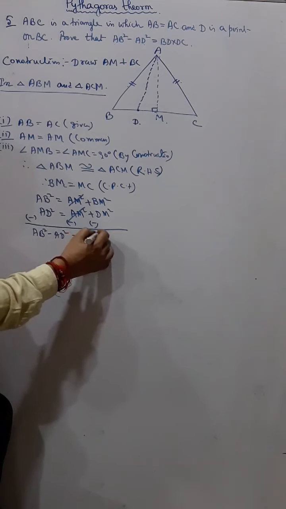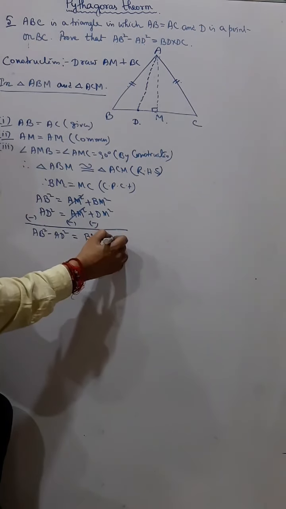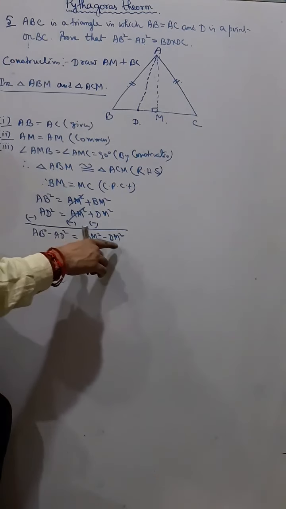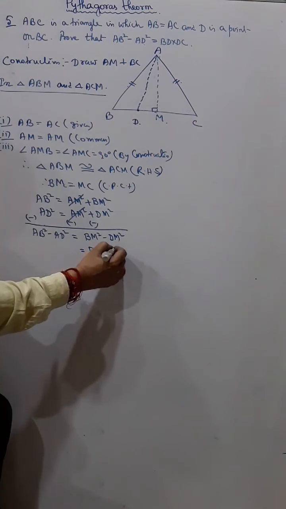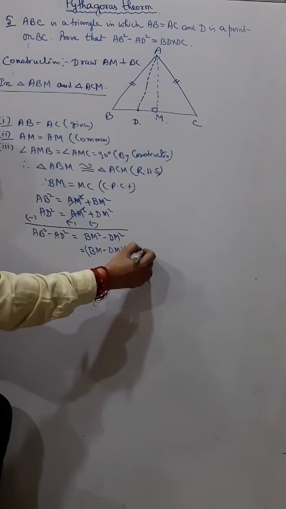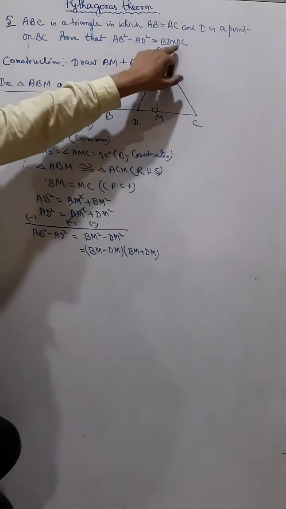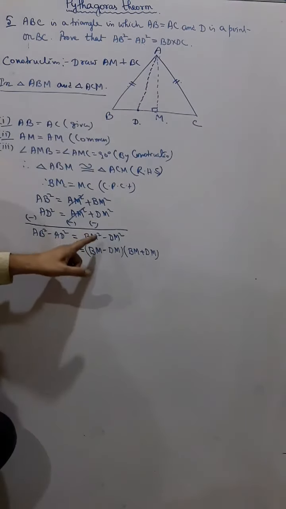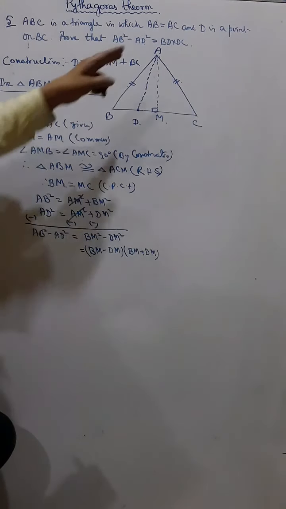We are getting BM square minus DM square. And then BM square minus DM square actually means BM minus DM and BM plus DM. Because whatever you have to prove, there you don't have any square. So we have to remove that square. So A square minus B square becomes A minus B, A plus B. Now slowly we will get that.